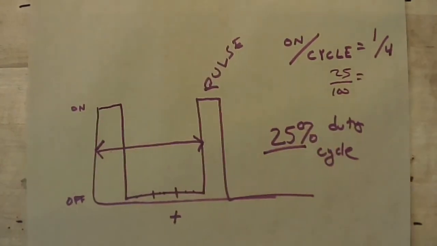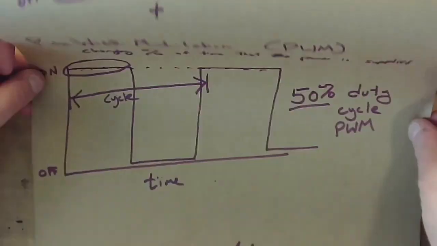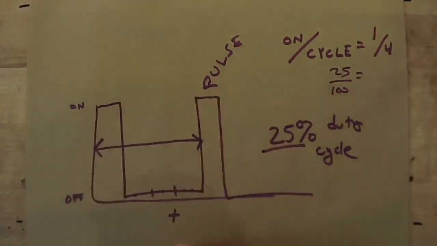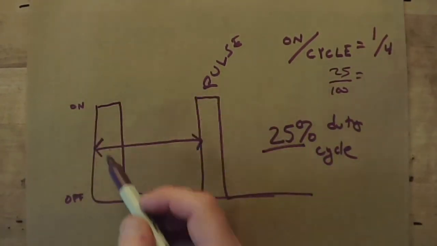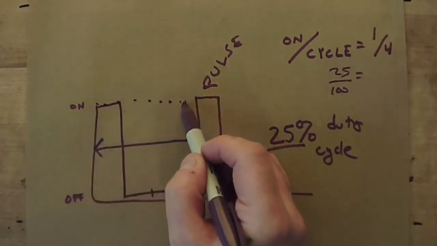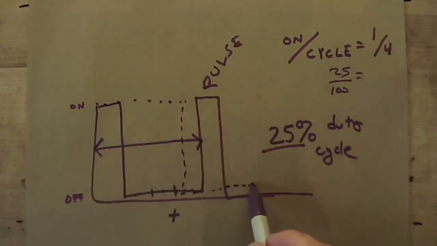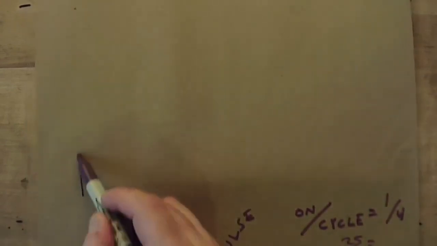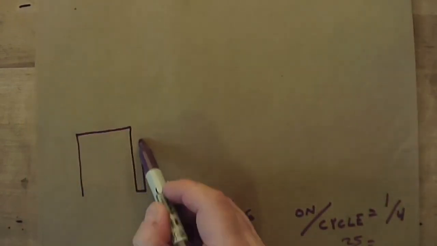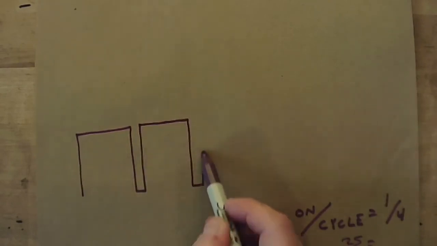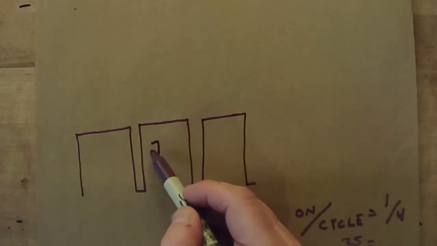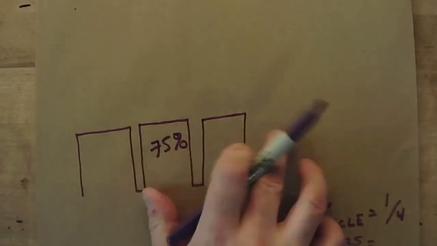This is going to be 1/2 as bright as this because it's on for 1/2 as much of the time. And if we had one that, sorry, that's not legible, if it's on most of the time and only off 1/4 of the time, then this would be a 75% duty cycle if I drew this perfectly.